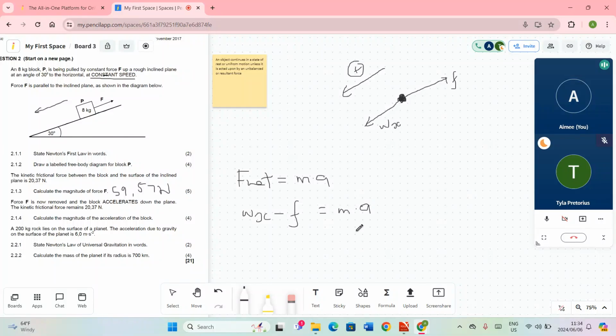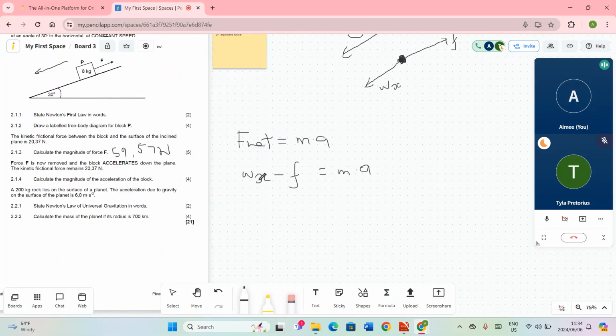And now we substitute in, right? You calculate your Wx the exact same way you did in the first scenario.